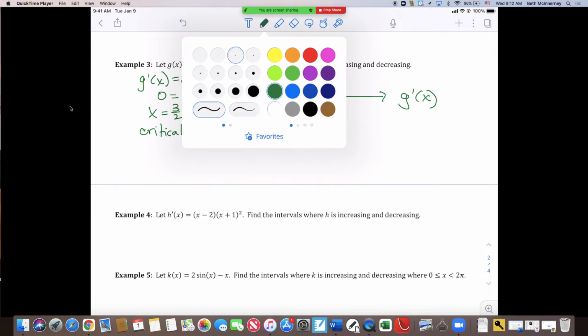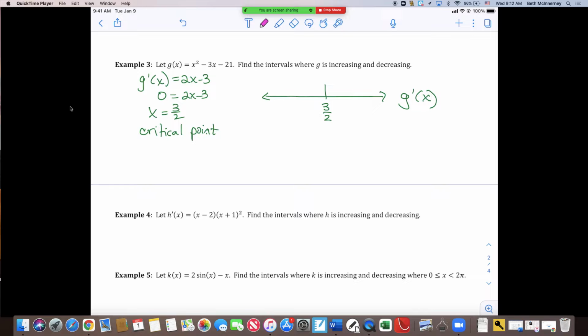So we're going to pick a number, let's say 2, and plug it into the derivative. I don't care what the number is, I only care about the sign of the number. Is it positive or is it negative? So this is positive. Then let's pick a number to the left. I like 0 whenever I can use 0. So that's negative.